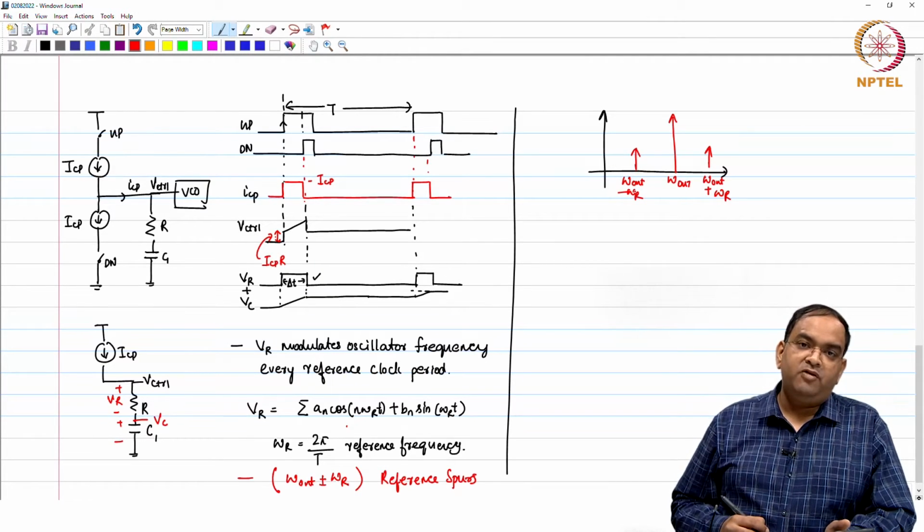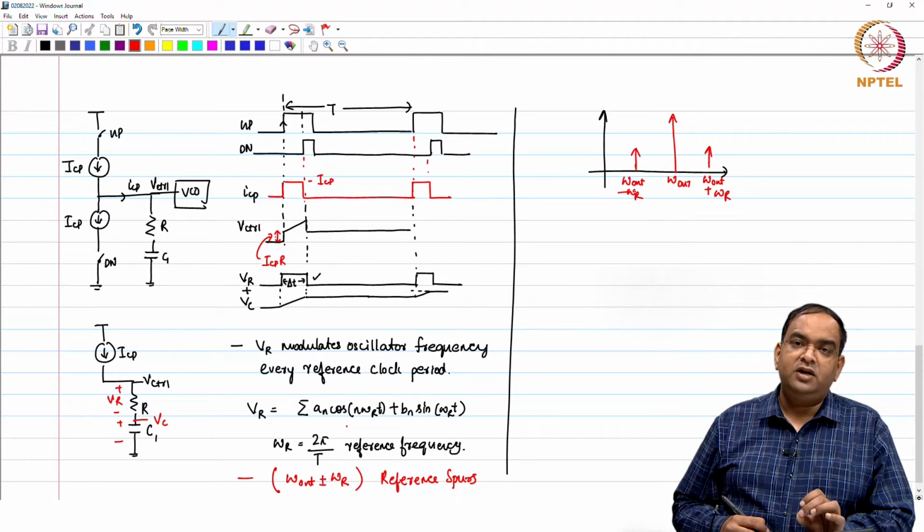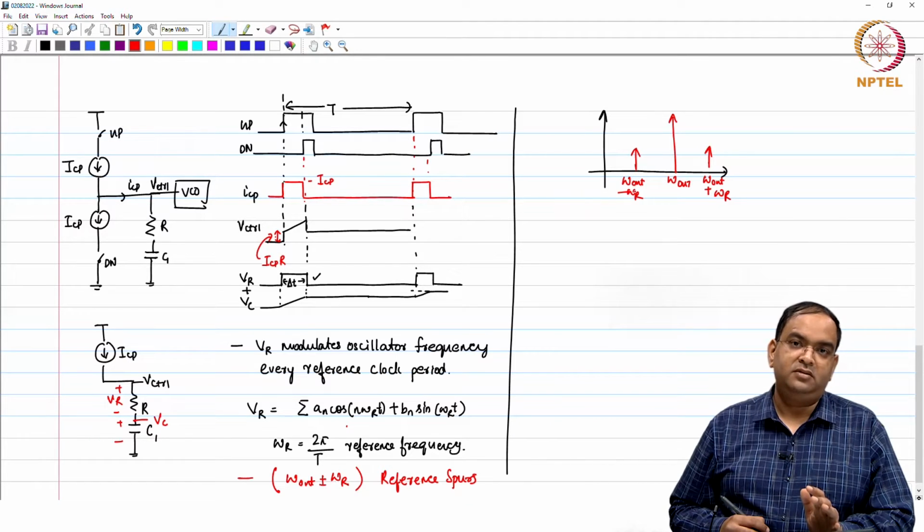So, the problem of reference spur exists because there is an instant change in the control voltage of the oscillator. Okay.